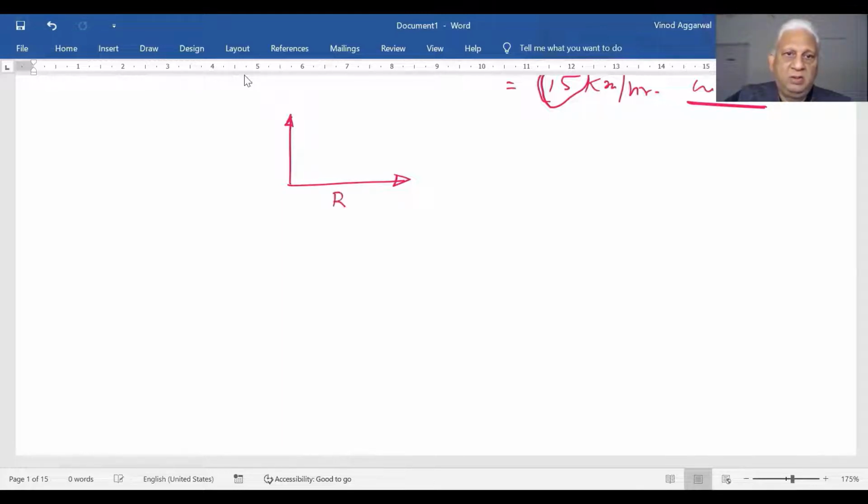Because there are two vectors working on him. One is the direction of flow of water in the river, and another is his effort to swim. So he will reach somewhere where you have the resultant of these two vectors. That means the two vectors are getting added to give you a resultant.